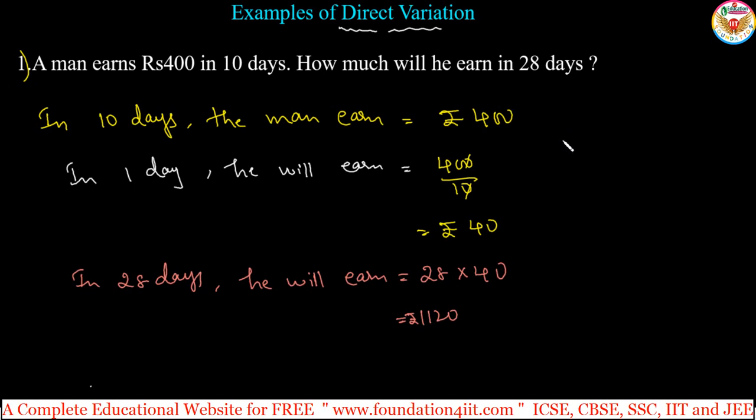There is the arrow method. I'll explain it, which is easy and you can follow. In this question there are two quantities: number of days, and amount or earning.